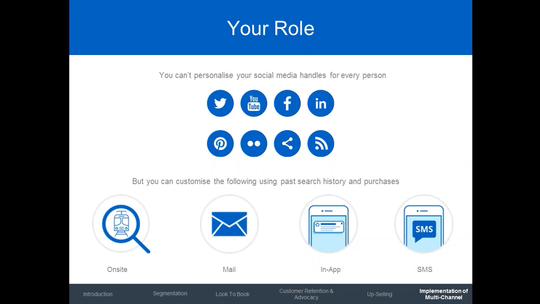Or in-app, saying, hey, you were looking for some holidays in Thailand, and here is some beautiful content about where you can explore Thailand. So I think customization is the key, and going forward it will play a very important role in the overall marketing experience, increasing customer retention and improving the look-to-book ratio over a period of time.